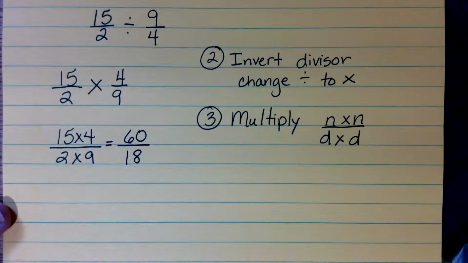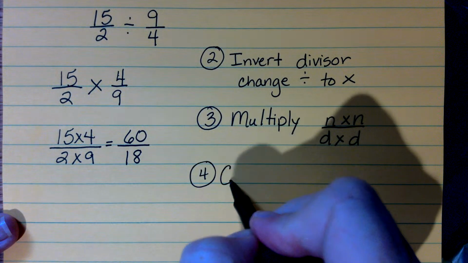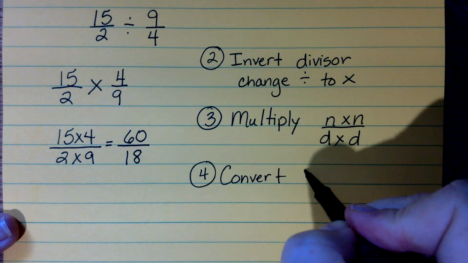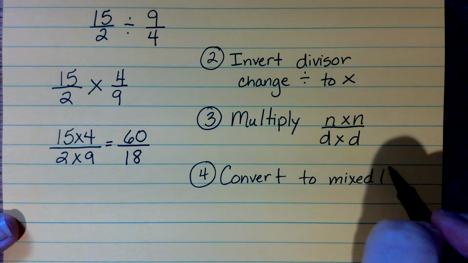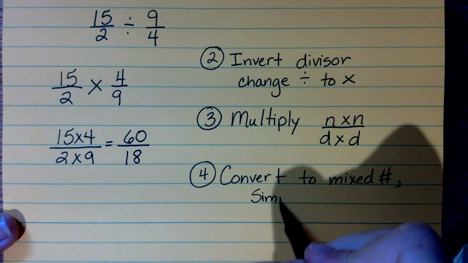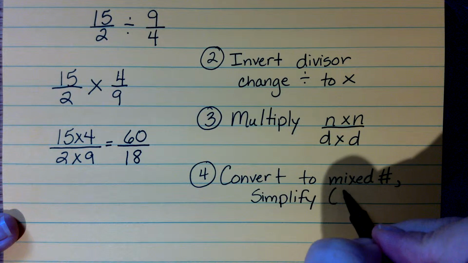Step 4 is still the same. Convert back to a mixed number by dividing and simplify. Remember GCF if we need it.